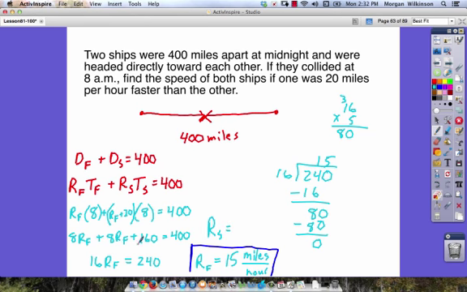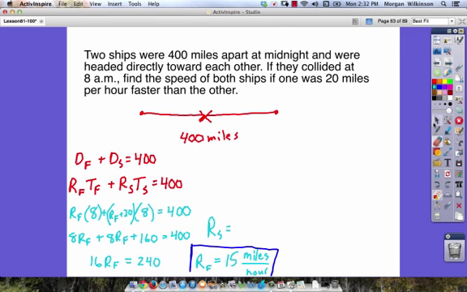We know that the rate of the first ship, and we had our equation written over here. Let's rewrite it. You should have it in your notes. Let's erase our division. We can refer back to here. We know that the rate of the second ship, r sub s, is equal to the rate of the first ship plus 20. We can see that because we've shown our work.